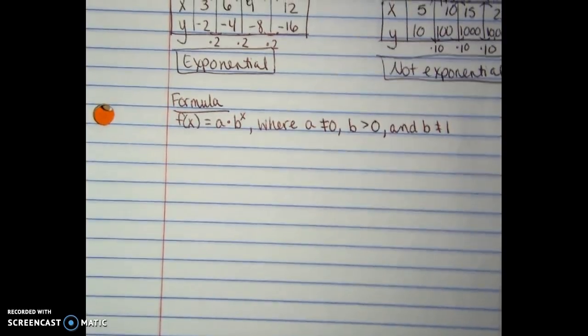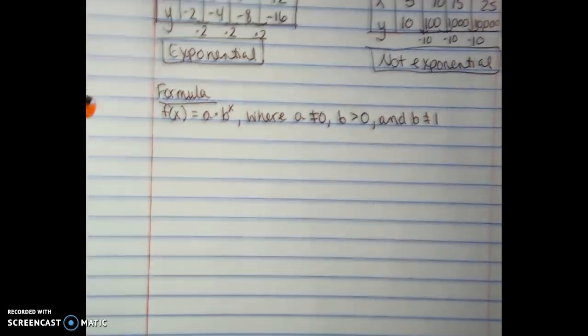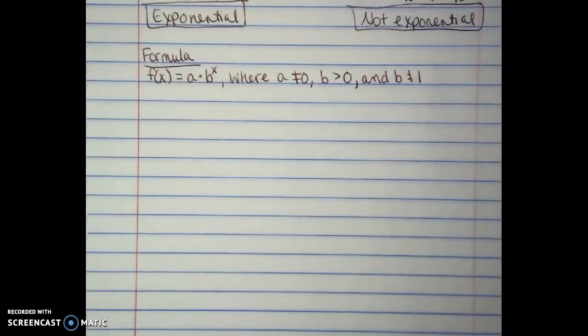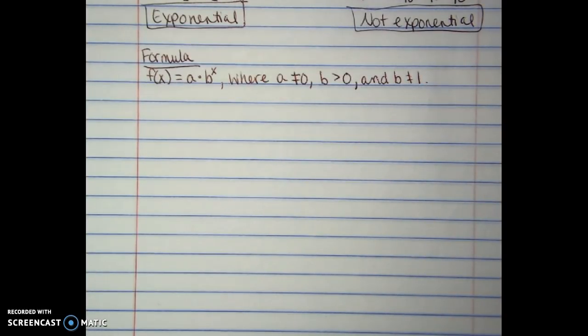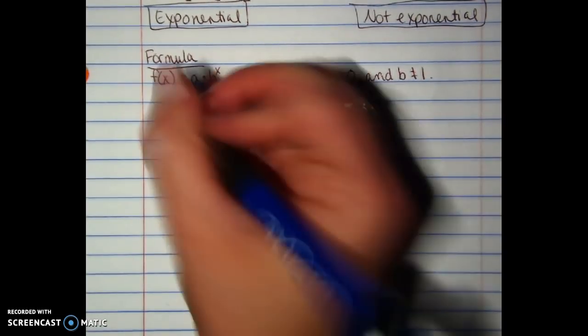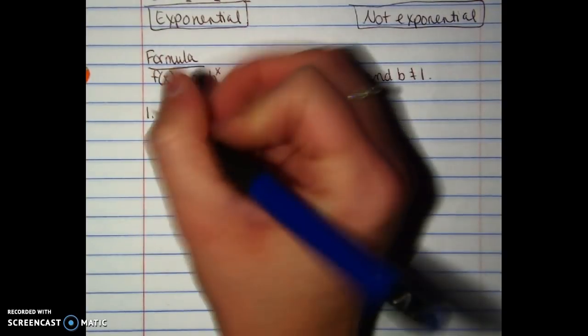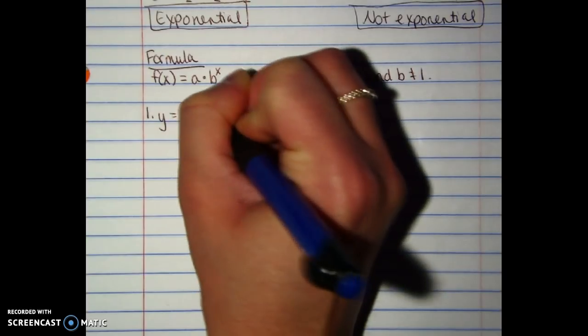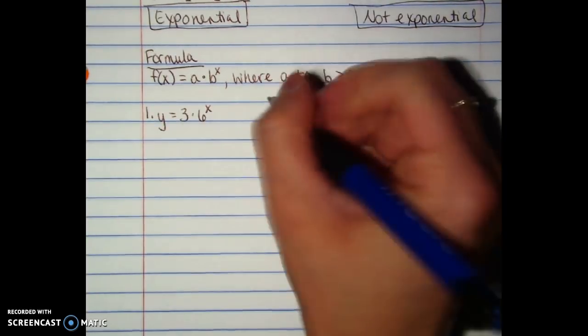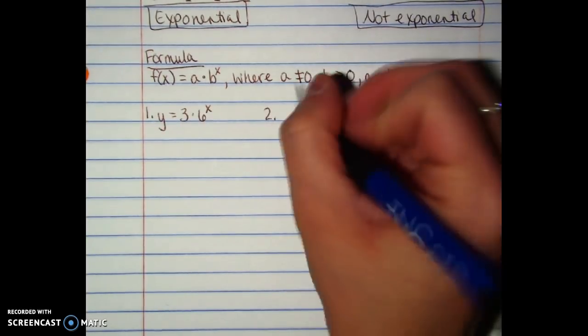It can equal like 0.5, but it can't equal 0 or 1 or anything negative. Okay? So I have 3 examples down here, and we just need to determine if they're exponential or not. I'll just write out all 3 of them.